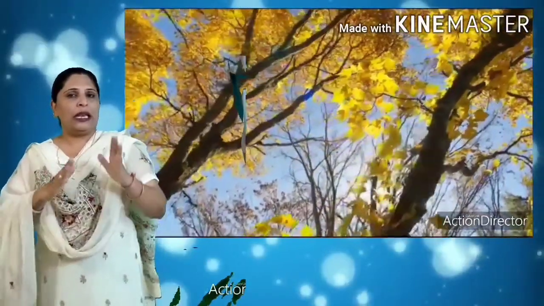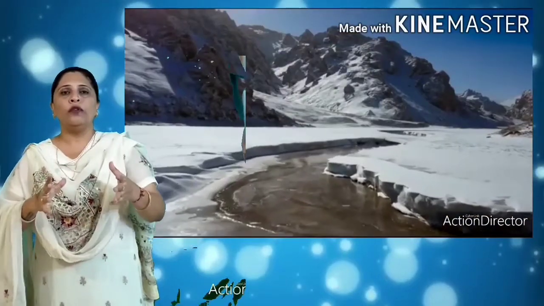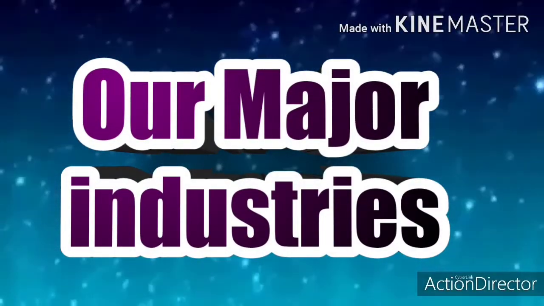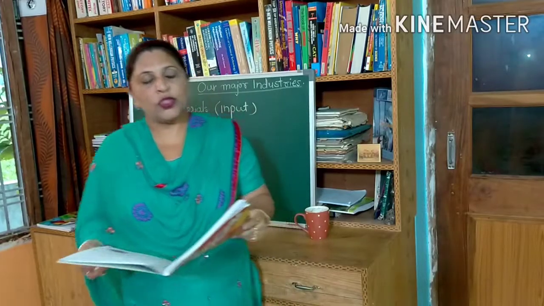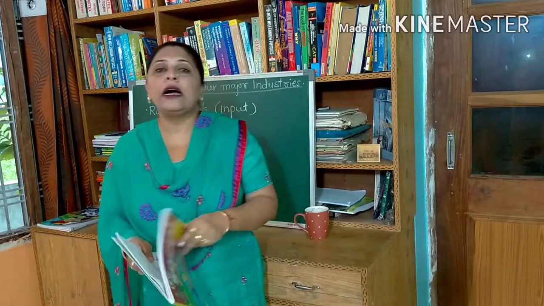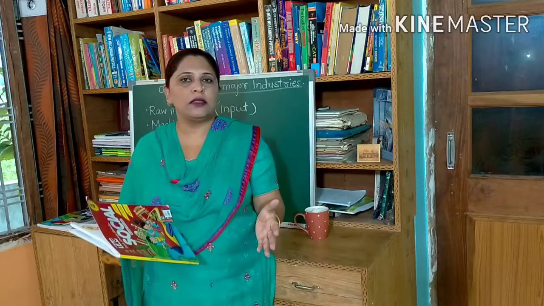So come children, let us get a complete insight of industry and how it is the backbone of the economy. So children, today we will discuss what are the basic requirements to set up an industry.